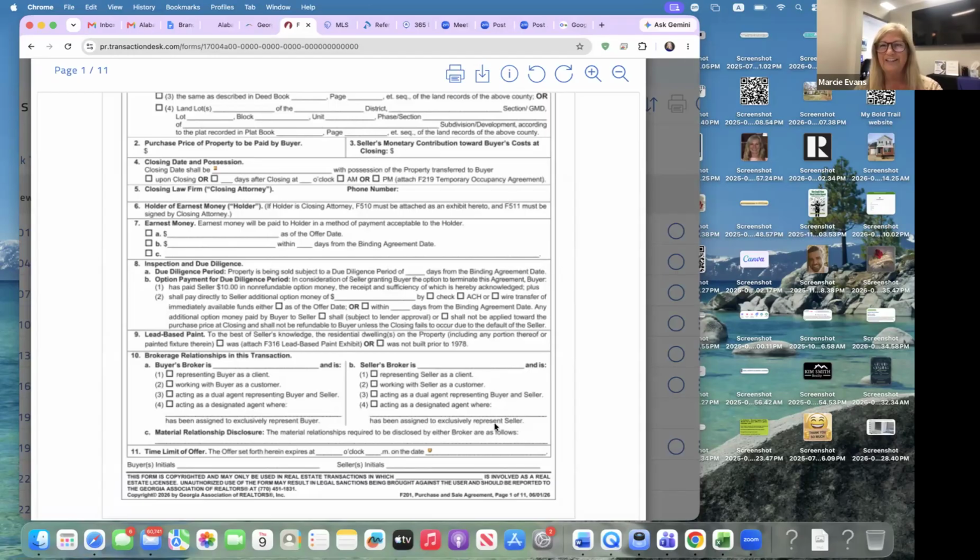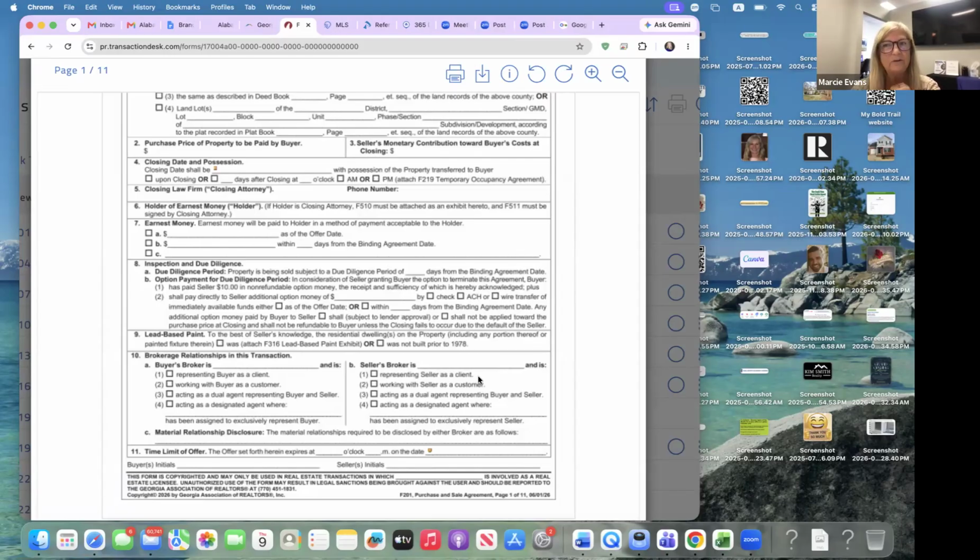Since this is not a really long agent tip, and I want to give you your bang for your buck: if you are the listing agent, and the seller's broker is Maximum One Community Realtors and is representing the seller as a client, and you get a sign call, and your buyer comes along and says, I don't want to be represented. You have gone over the customer agreement with them.